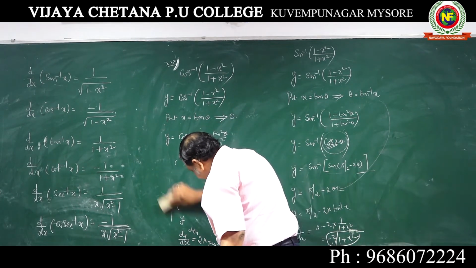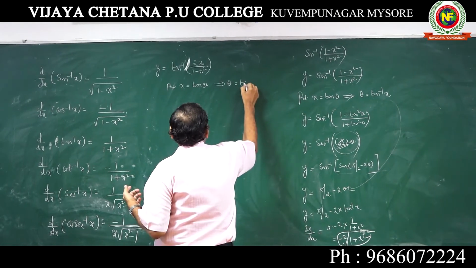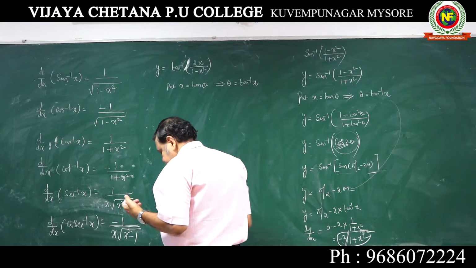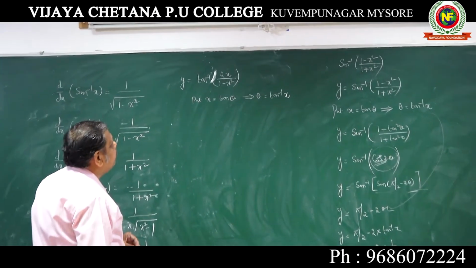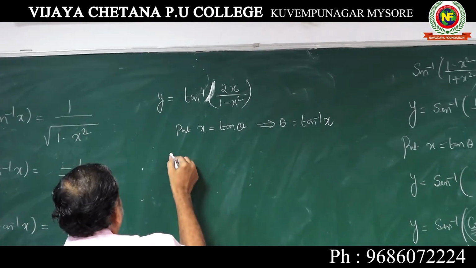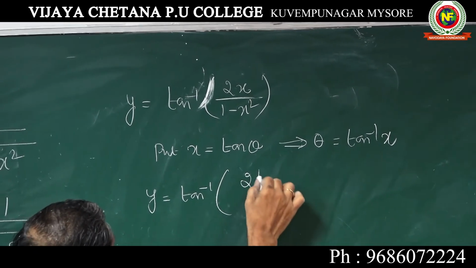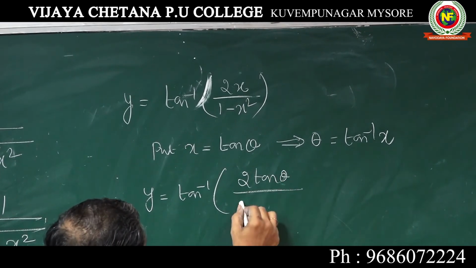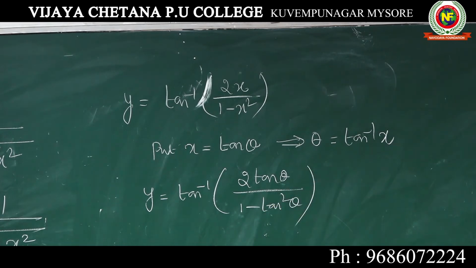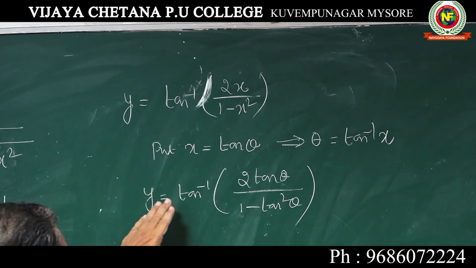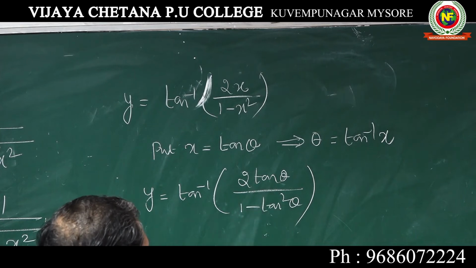Now you take x equal to tan theta, so theta is equal to tan inverse x. Once you put x equal to tan theta, you have to write theta is equal to tan inverse x. Y is equal to tan inverse of 2 tan theta by 1 minus tan square theta.